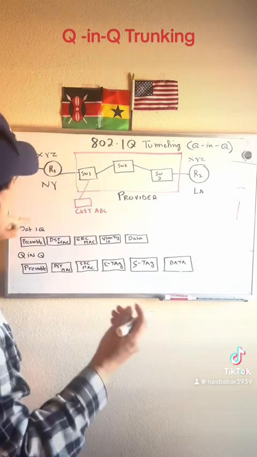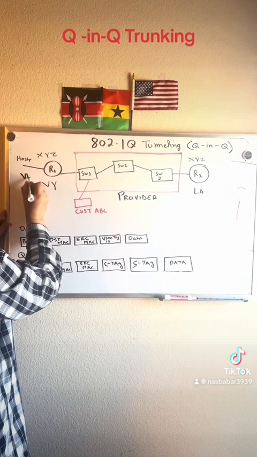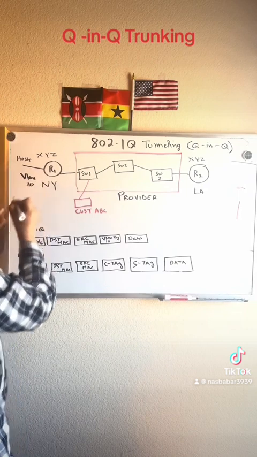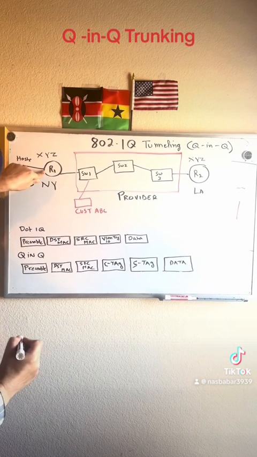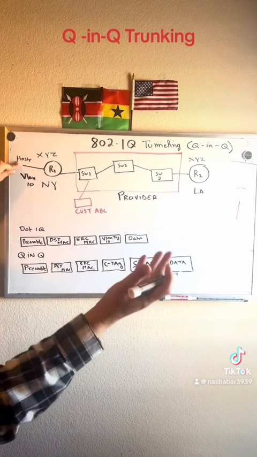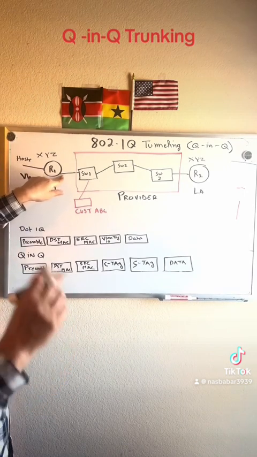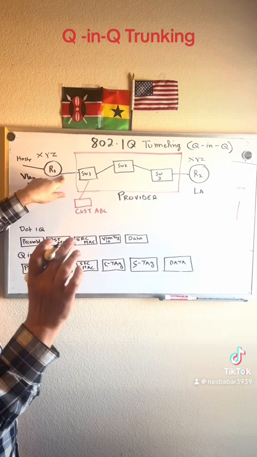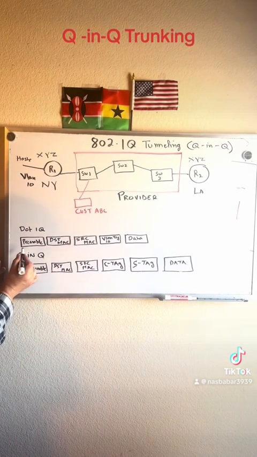Let's say we have maybe VLAN 10. When the host sends the Ethernet frame to R1, the host has no idea what the VLAN tagging is. But when R1 accepts it, it has trunking configured, so it will tag VLAN 10.